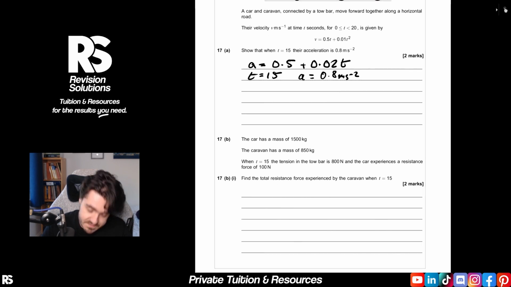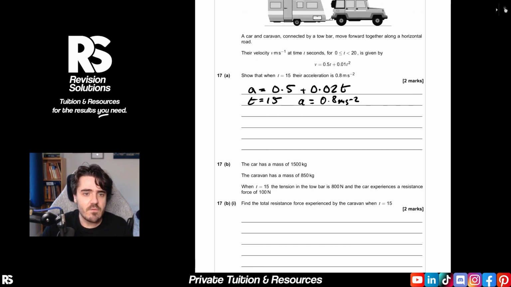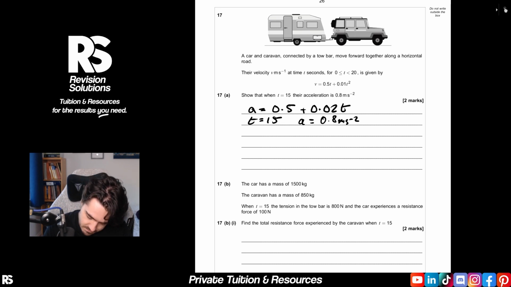Then part B says, the car has a mass of 1,500 kilos, the caravan has a mass of 850 kilos, so I'm just going to mark this on the diagram. So this one's 1,500 kilos, and this one's 850 kilos. Then it says when t equals 15, the tension in the tow bar is 800 newtons, and the car experiences a resistance force of 100 newtons.